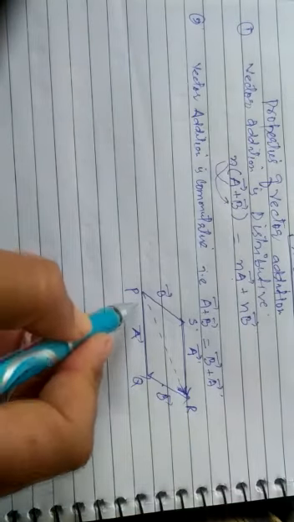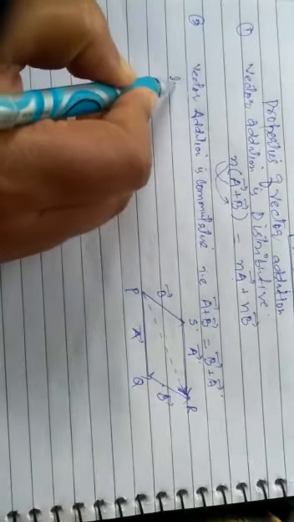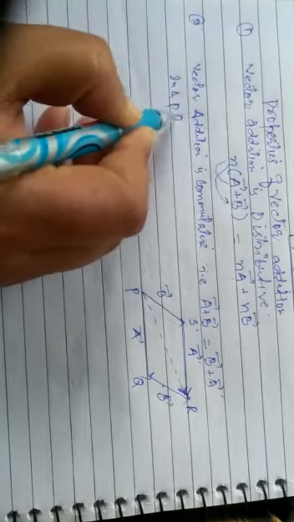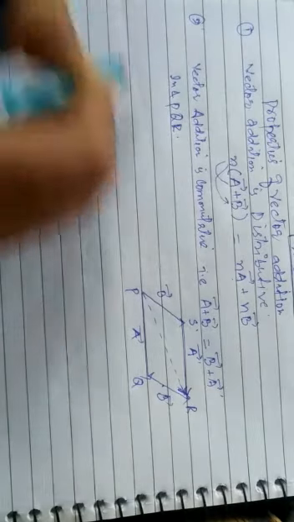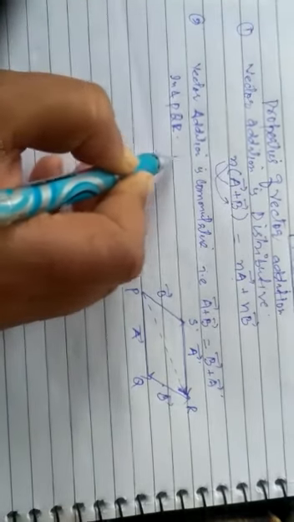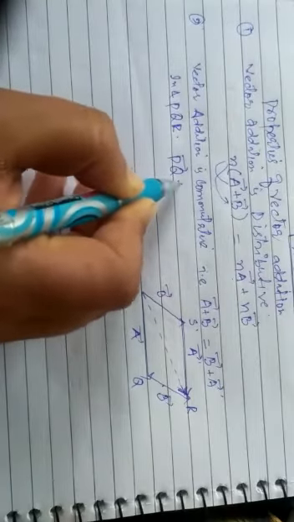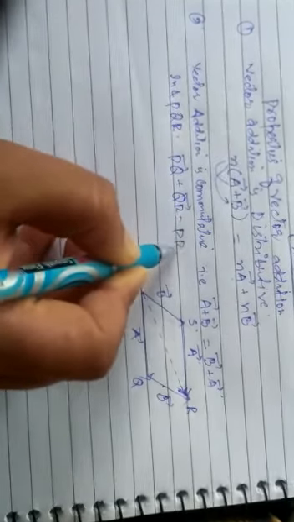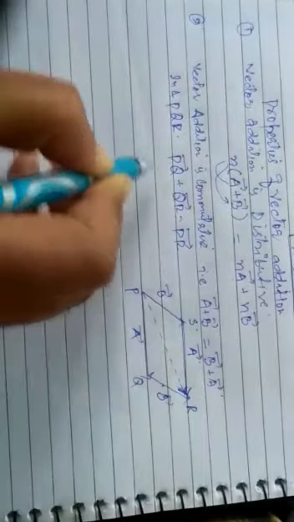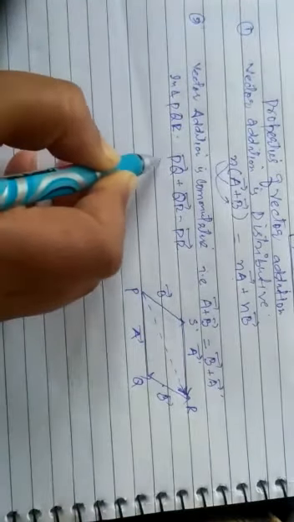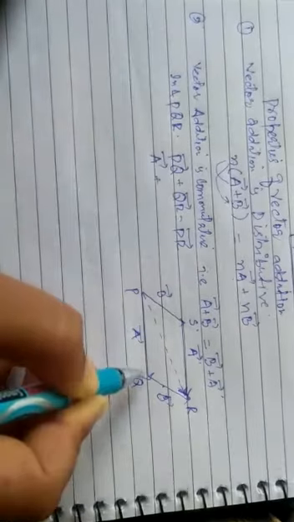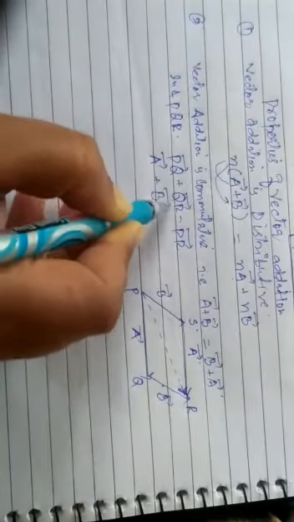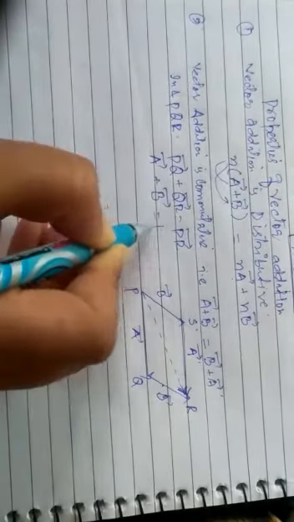Now in triangle PQR, what do we have? We have PQ vector plus QR vector equals PR vector. So PQ is simply vector A plus QR, that is vector B, equals PR vector.